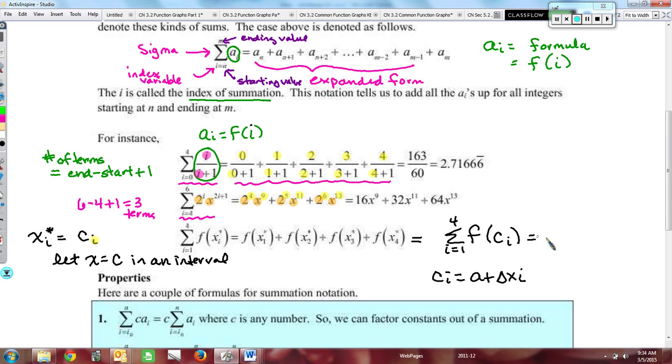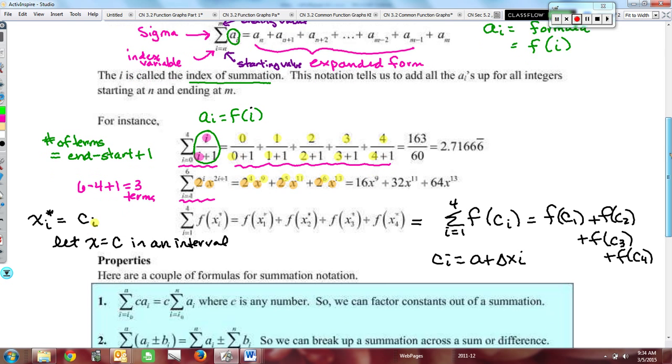So you would be calculating your c sub 1 first, then you would plug that into your given function to find an output, and then you would add that to f of c sub 2, and continue until you get all of your terms. Okay? And so the idea is being able to work from one form back to the other and so on.